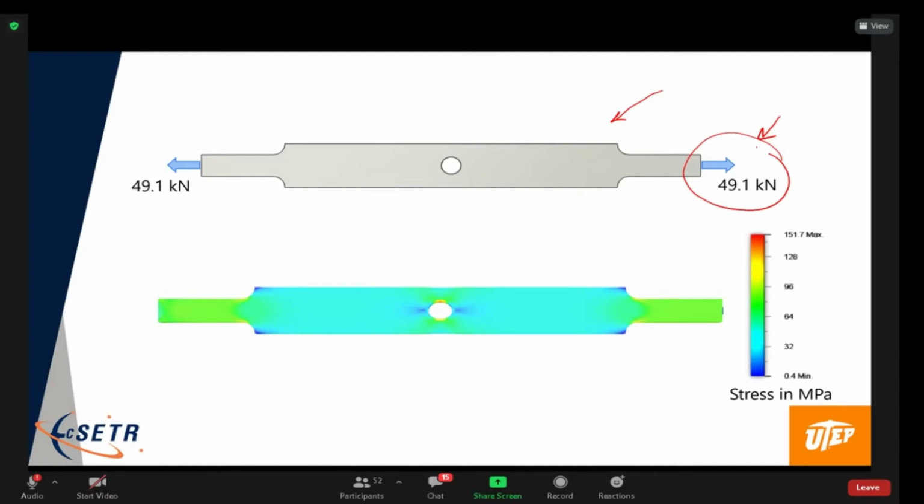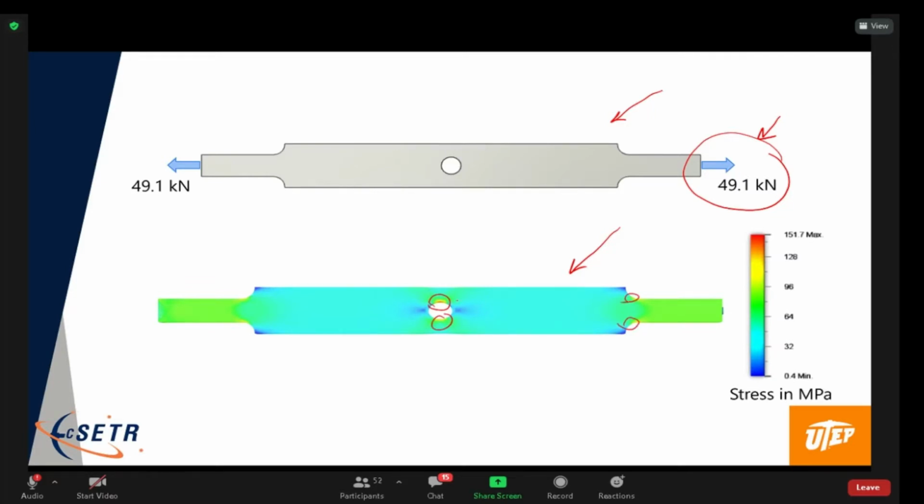And when you do the simulation, right, you get the following plot for the stresses. So these are the normal stresses in the x direction. And here you can see the stress concentration factors at the holes, as well as, a little harder to see, the stress concentration factors at the fillet.